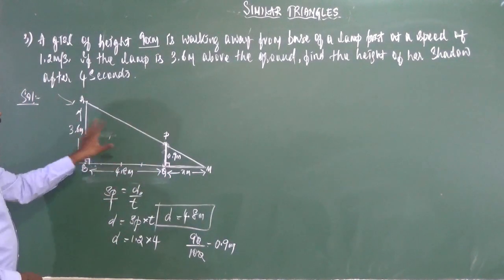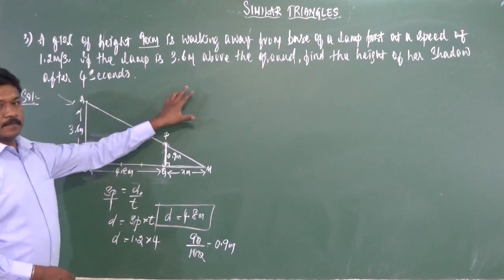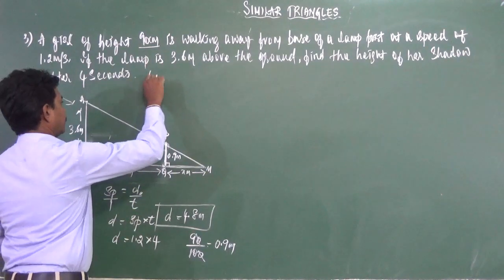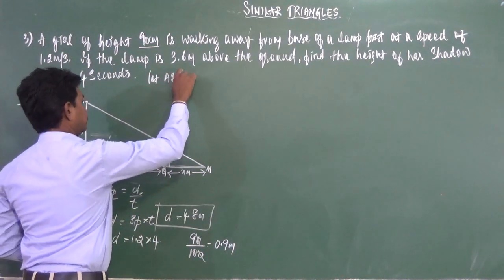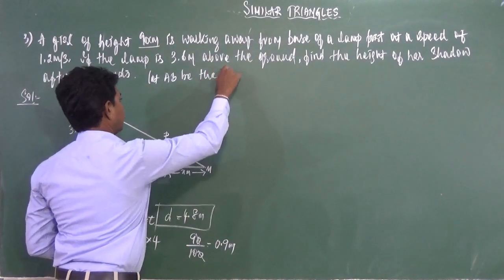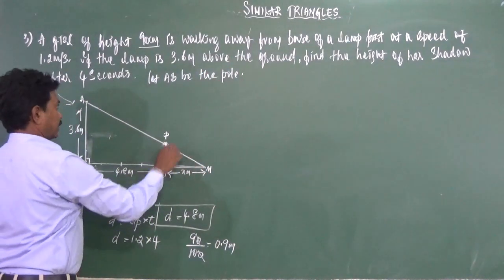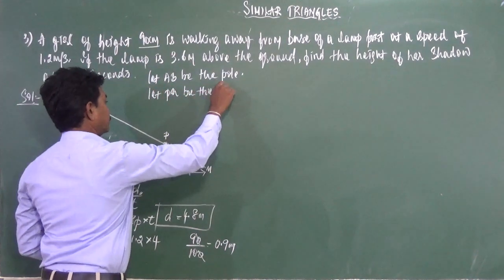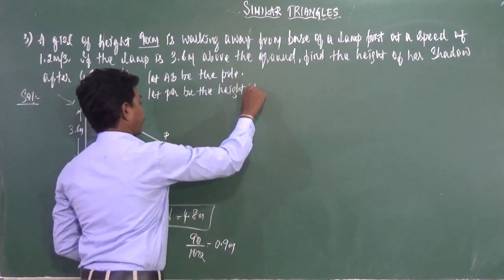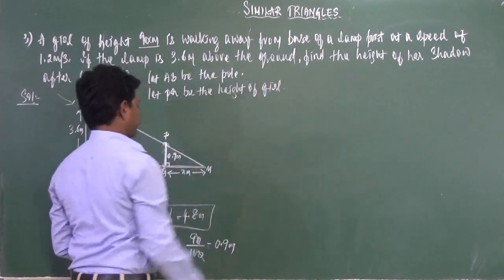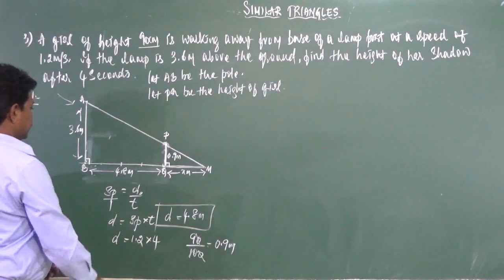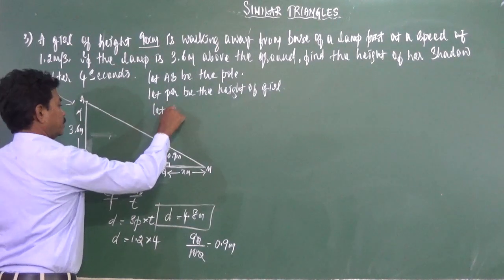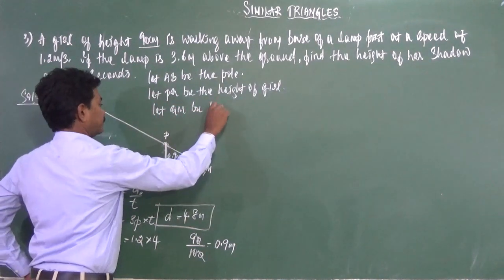So the description of all these things what I did here should be written in the form of statement. So let AB be the pole. Then let PQ be the height of girl. Let QM be her shadow.